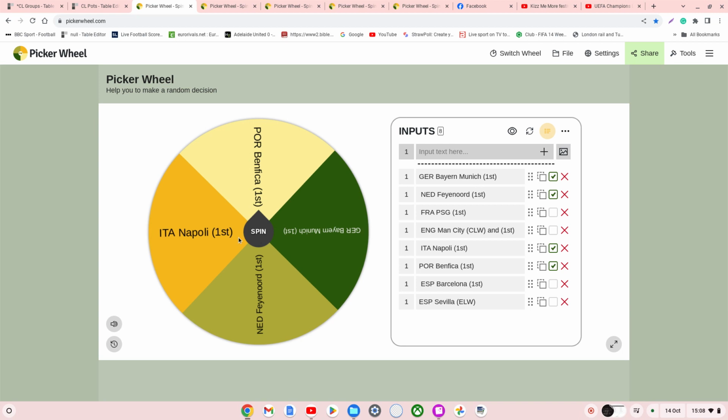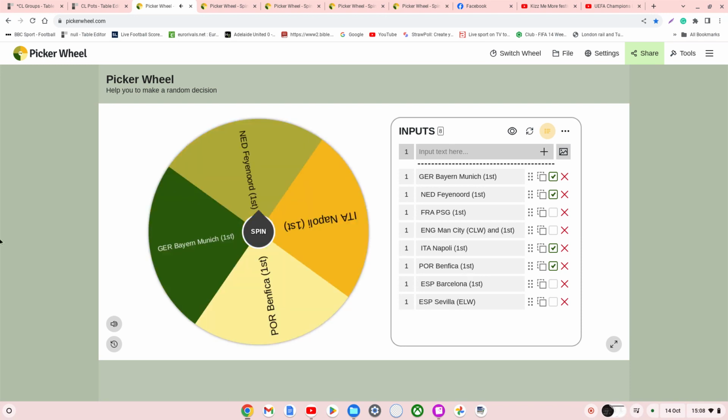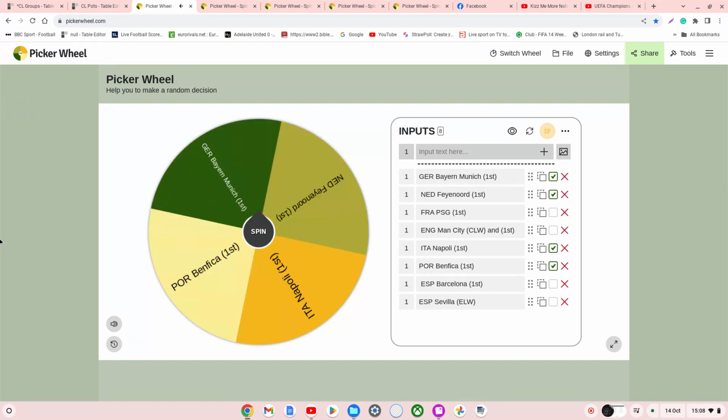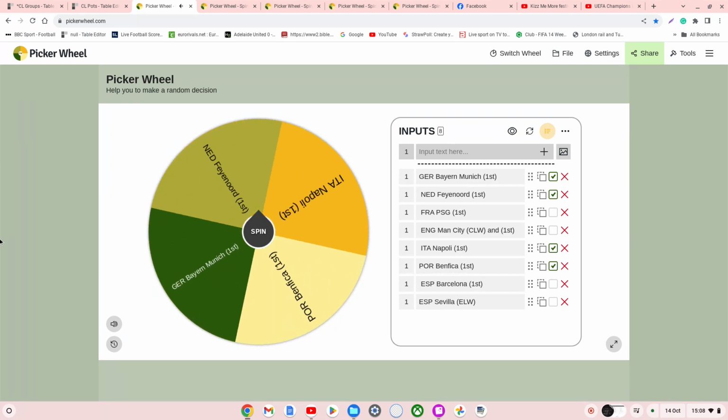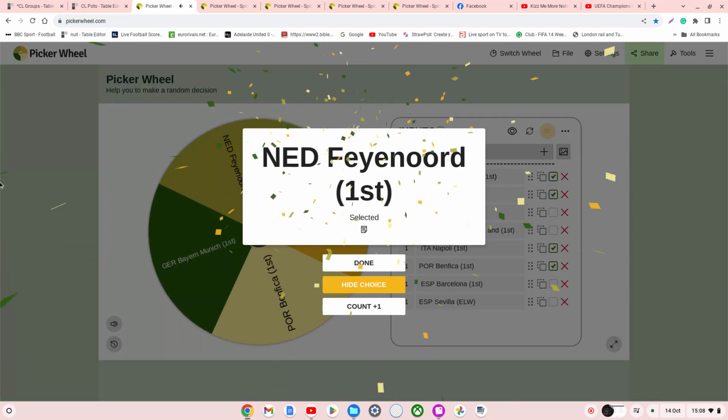Let's see. Whoever gets popped up will have to be removed, because Barcelona can't be on the right-hand side of the draw, and it's Feyenoord.